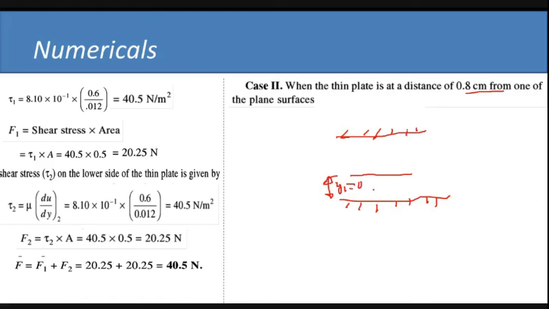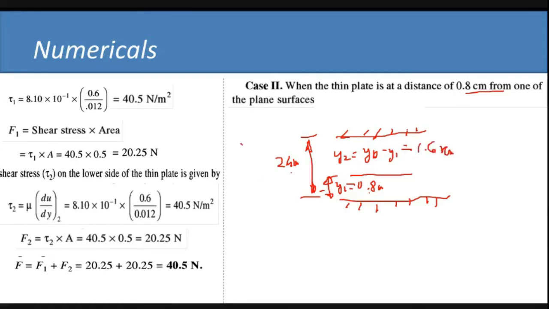So y1 is 0.8 centimeter, and total distance is 2.4 centimeter. So basically in this case y2 is y minus y1. So it is 2.4 minus 0.8, so 1.6 centimeter.